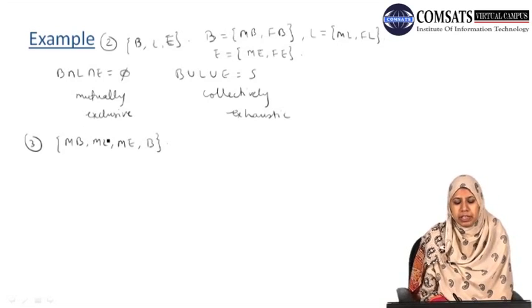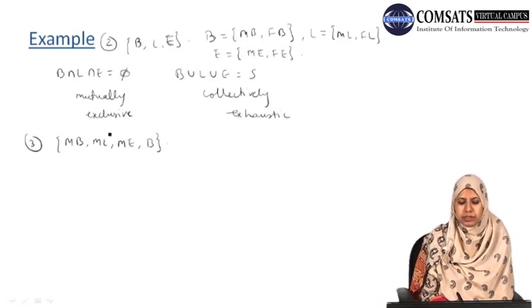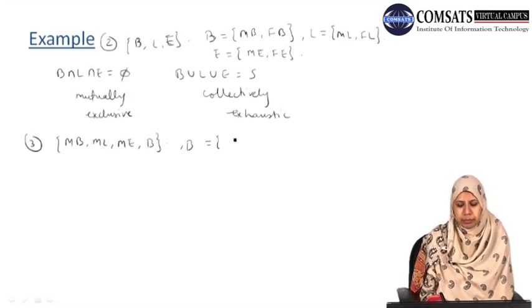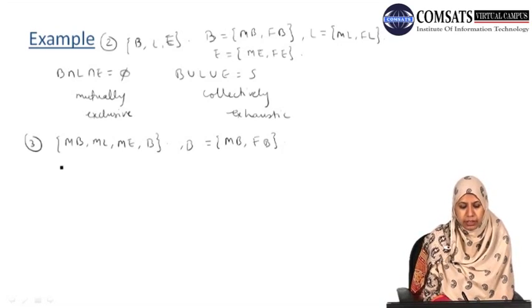Similarly, ML is a simple event containing one sample point, that is a male student studying law, and the event ME is also a simple event containing one sample point. However, the event B contains the sample points, that is a male student studying business and a female student studying business.